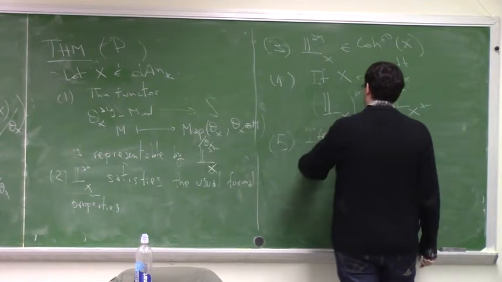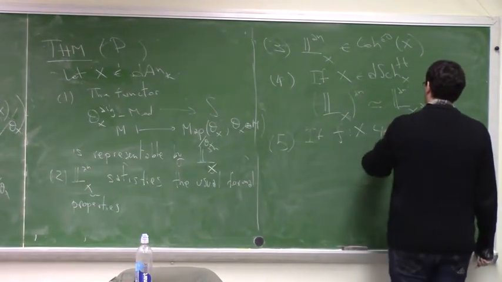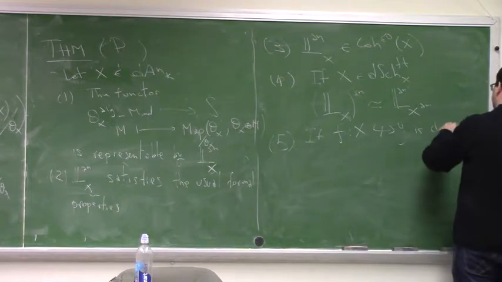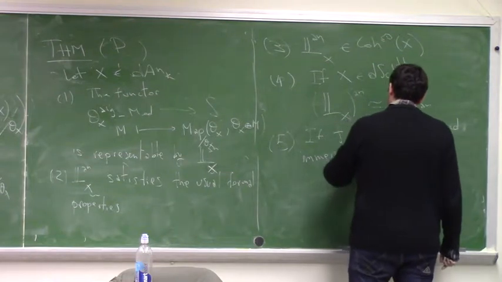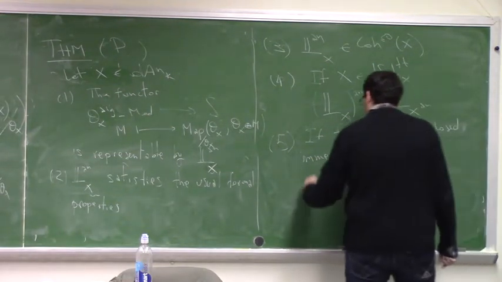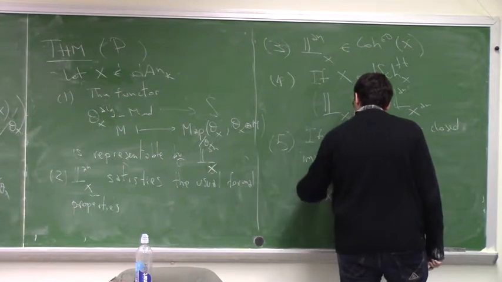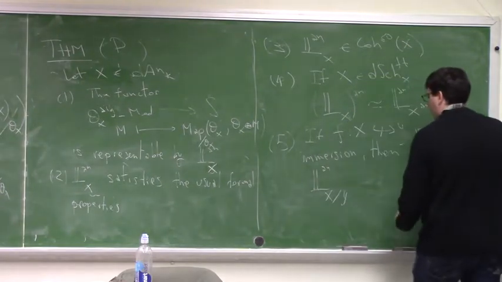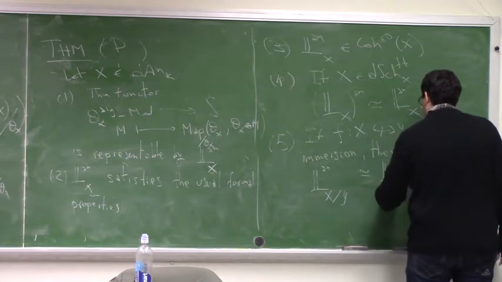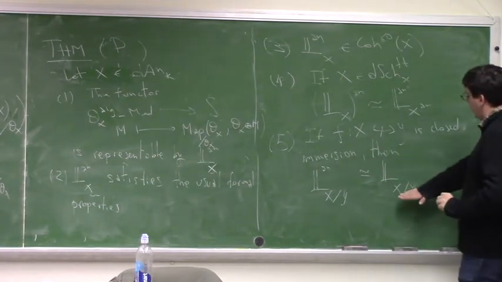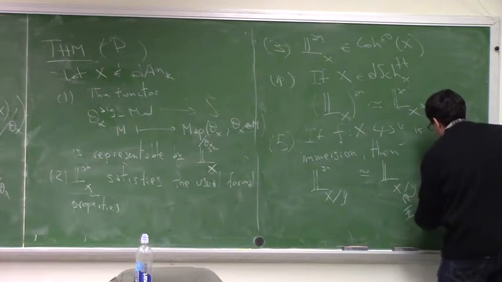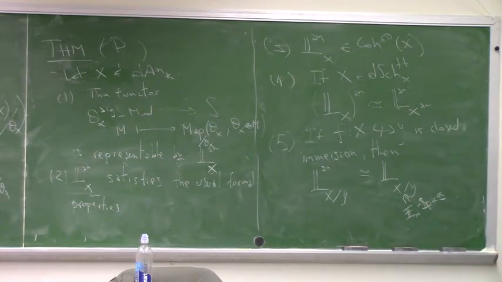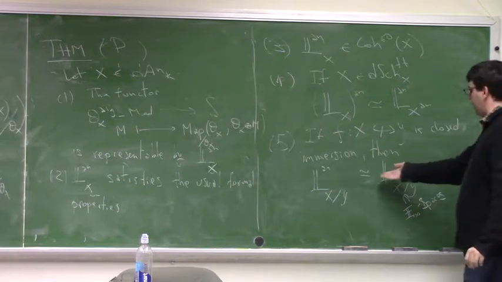So if f from X to Y is a closed immersion, then we have the analytic cotangent complex of X over Y, and this is the same as the algebraic cotangent complex. Like I forget the analytic structure, I just see them as infinity simplicial ringed spaces, and I compute the cotangent complex in the algebraic way. I get the same thing.